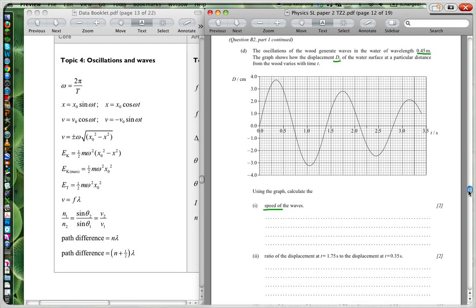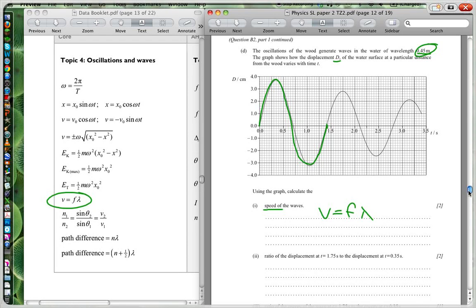Now we have our general formula for waves, that v is equal to frequency times wavelength. Now we are given the wavelength here, so we have that already, but from our graph we can actually calculate our frequency, because we know that at that point over there, we have gone one full oscillation.